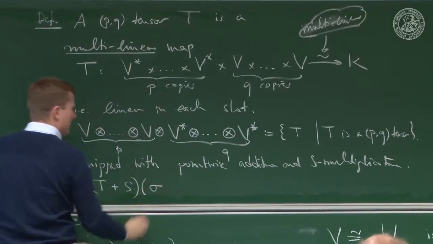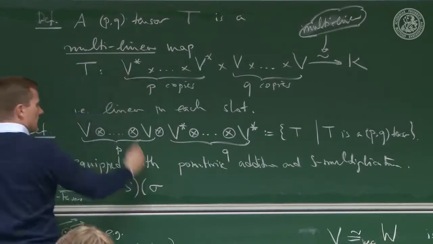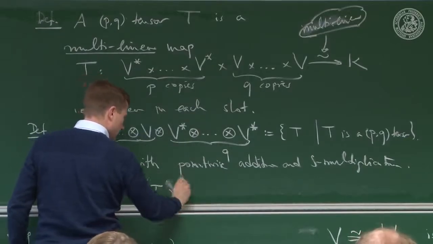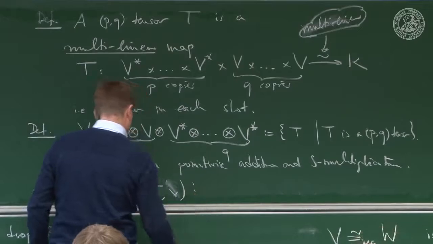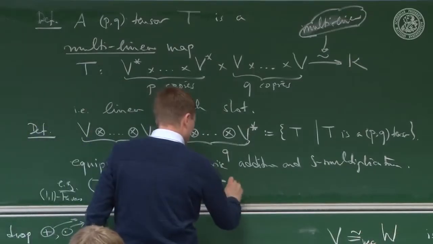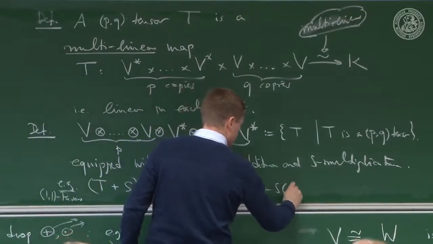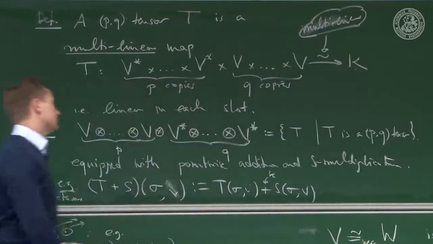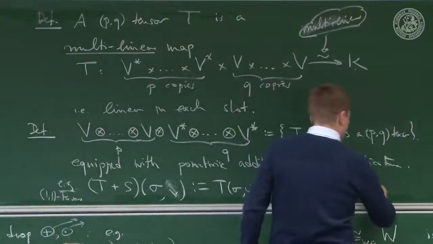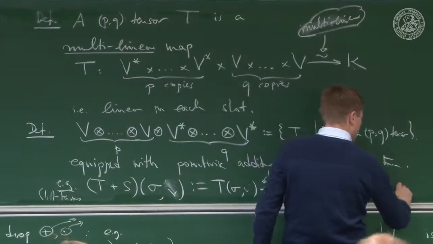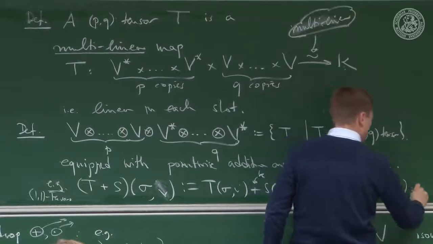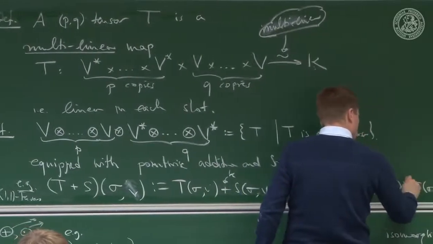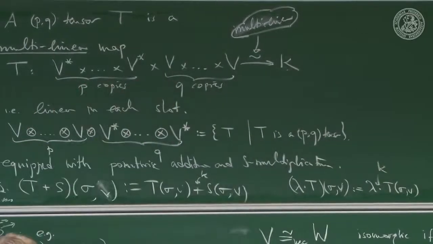They eat an element of V star, and they eat an element of V, so small v, and the sum of these two is then defined as T of sigma, v plus S of sigma, v, and this plus here is of course the plus in the target K. Similarly lambda T of sigma, v for this 1-1 case is defined as lambda times T of sigma, v, and again this is the multiplication in K.